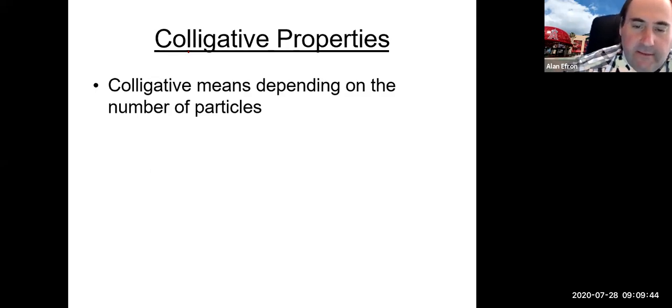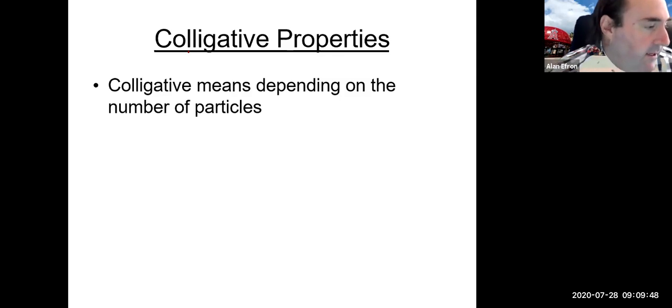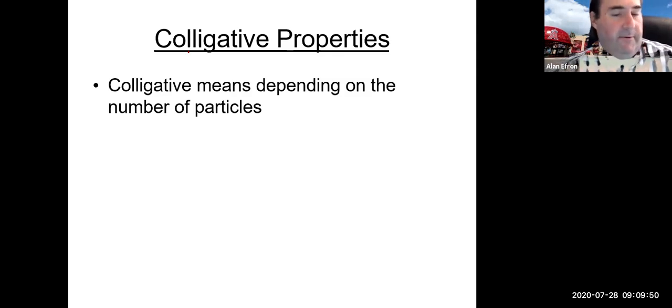So using some of these concentrations is going to help us understand some properties, which are known as colligative properties. Colligative properties are properties that depend on the number of particles that are dissolved in a solution, basically.